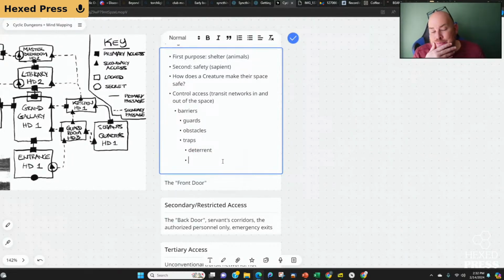The deterrent aspect, if you're a fan of the visible traps, that's using the trap as a deterrent because most sapient creatures, if they were to see a 10-foot pit that's open, if they're intent on getting across, they'll get across. There's not even a question of can they? Of course they can.